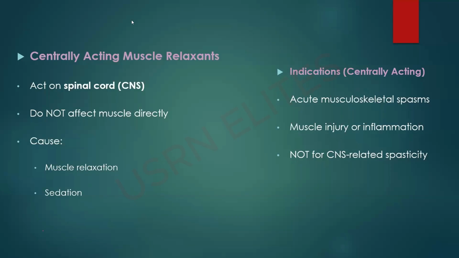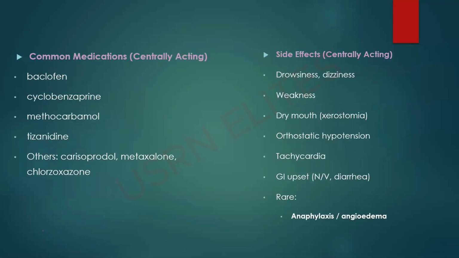Indications: acute musculoskeletal spasms, muscle injury or inflammation, and it is not for CNS related spasticity. So the central one, baclofen, like what our sister mentioned.